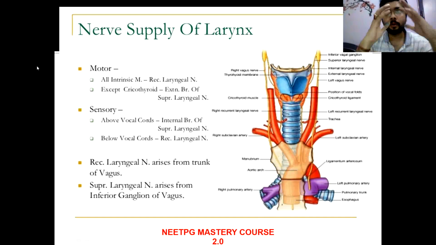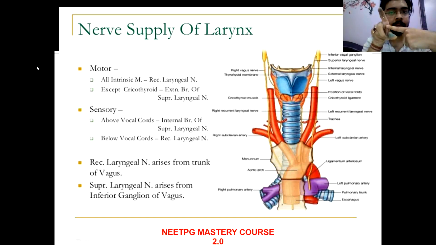Now, the whole of the larynx can be divided into motor supply and sensory supply. In the motor supply, all the intrinsic muscles, or most of the muscles of the larynx, are supplied by the recurrent laryngeal nerve, as you all know, except one muscle, the cricothyroid, which is the tensor of the larynx, supplied by the motor branch of the superior laryngeal nerve, the external laryngeal nerve.